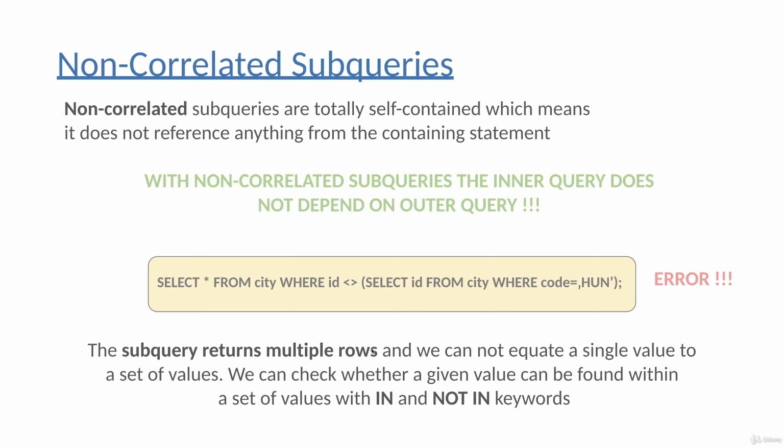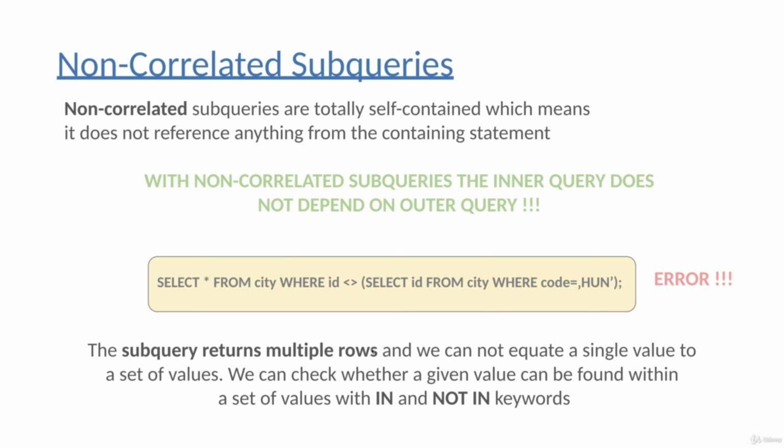And the result set is going to contain every row from the city database table except for the last one. As you can see, this is an example for the scalar subquery. This is what we have been discussing in the theoretical section, that it is non-correlated because the inner select has nothing to do with the outer select. So the inner query doesn't depend on the outer query.